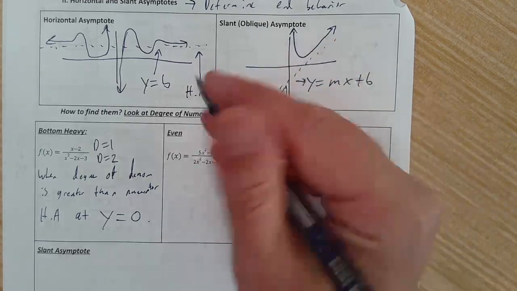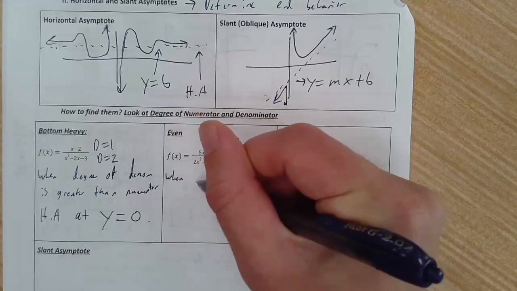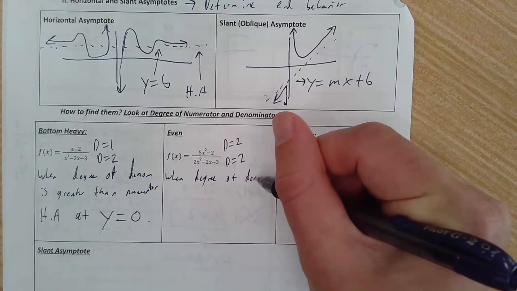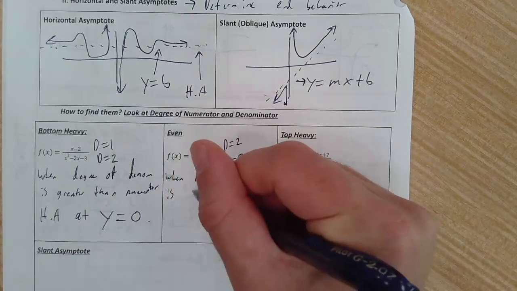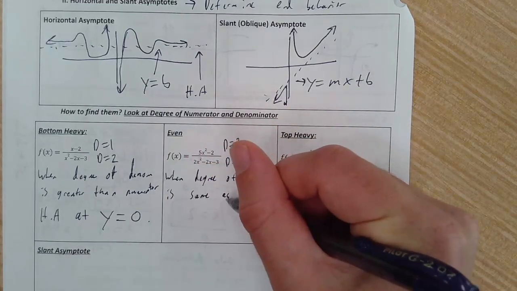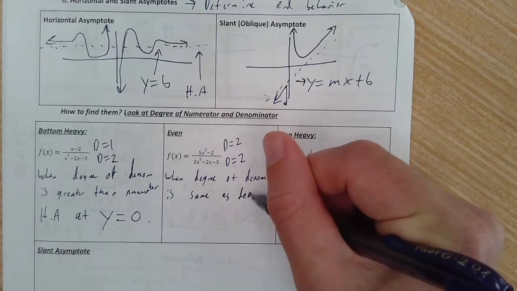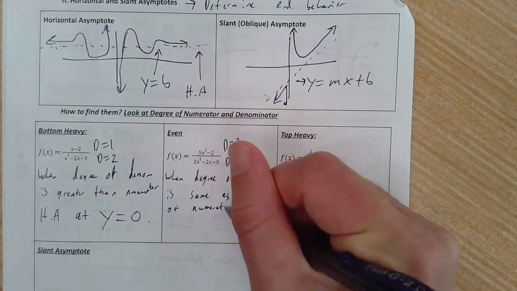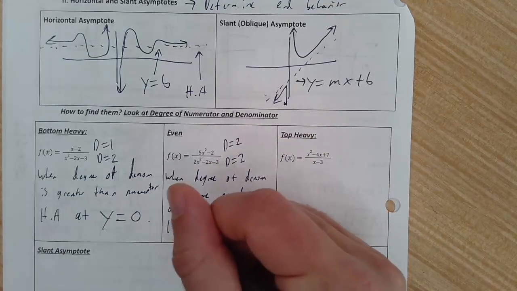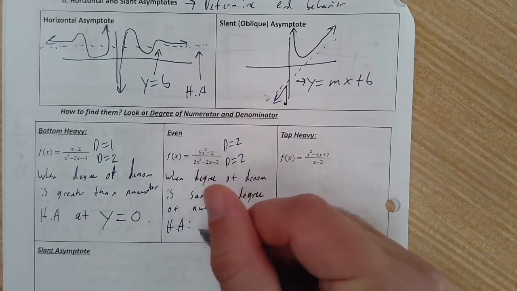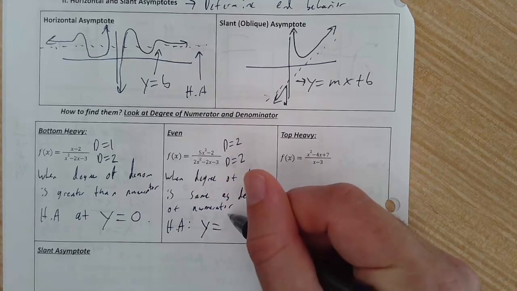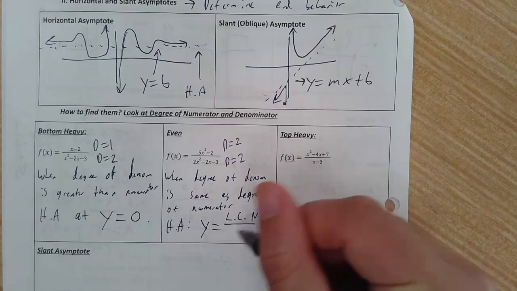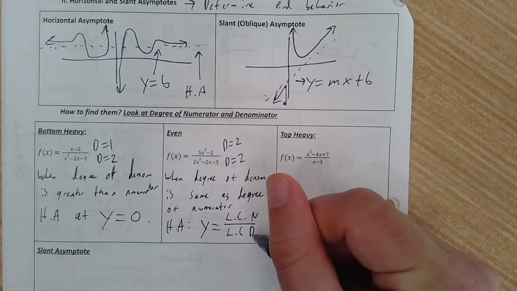So when the degree of the denominator is the same as the degree of the numerator, our horizontal asymptote happens by dividing the leading coefficient of the numerator by the leading coefficient of the denominator.